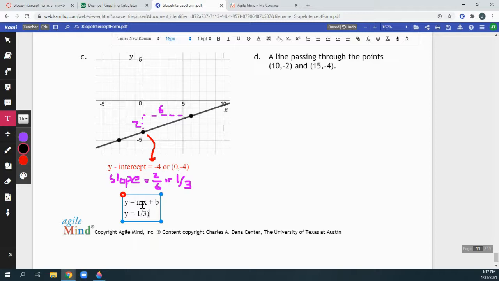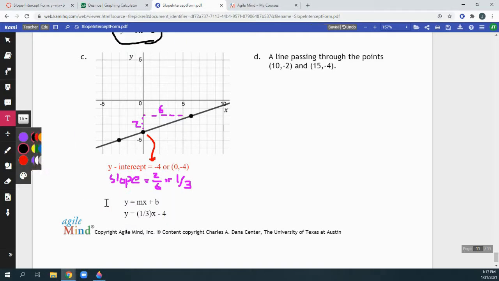I'll put parentheses around it so it's very clear. That's my m, minus 4. And there we go. Answer. Done did it.